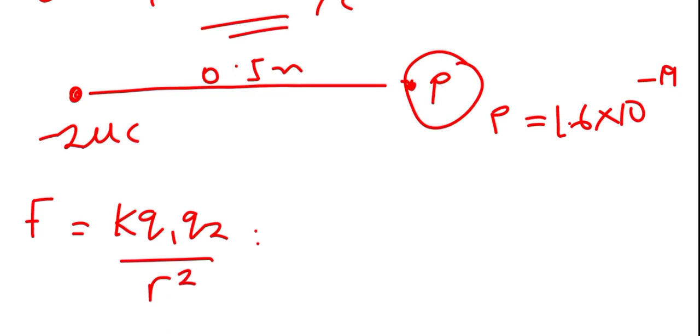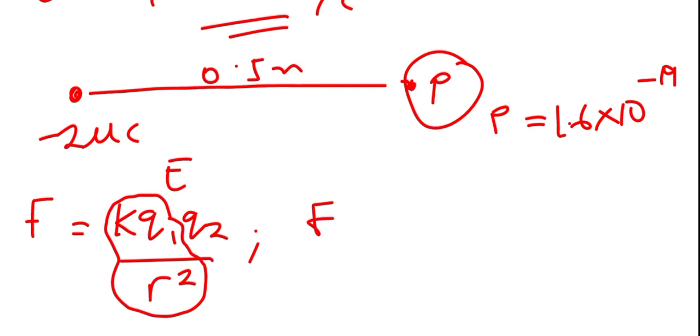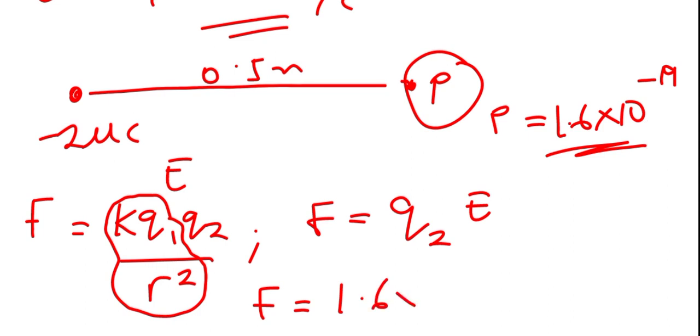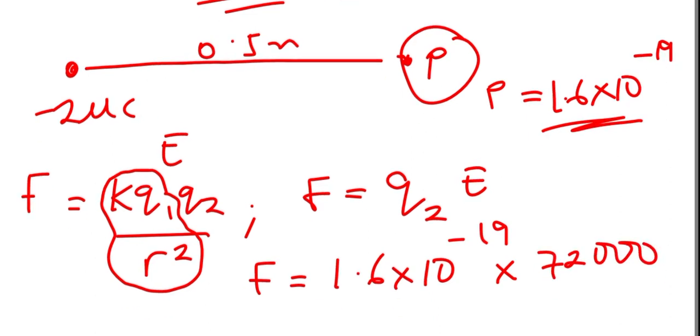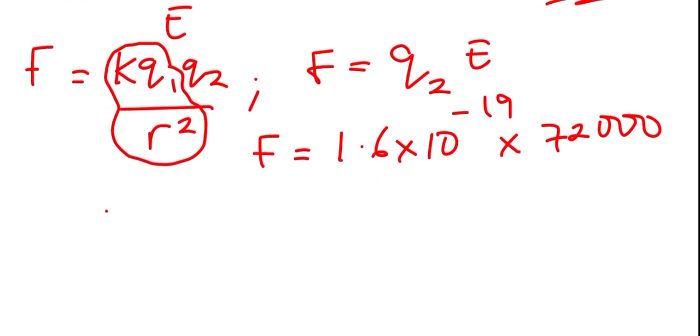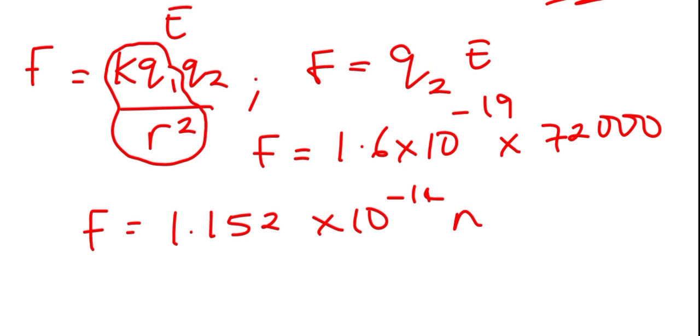But since we know that this part of the problem is already solved, which is the E, we say F equals Q, and this Q is the proton, or we say Q2, times the E. So F equals the value of this proton, 1.6 times 10 to the power of -19, times the electric field, which is 72,000. So therefore, if we keep simplifying, we end up having F equal to 1.152 times 10 to the power of -14 Newton.